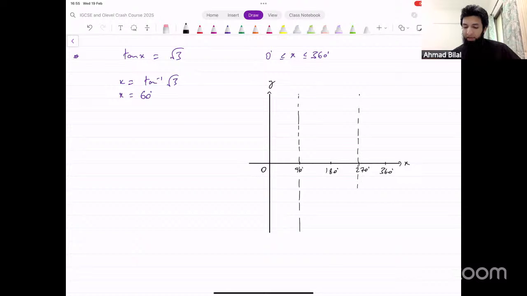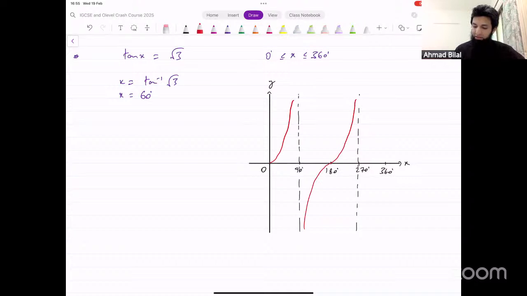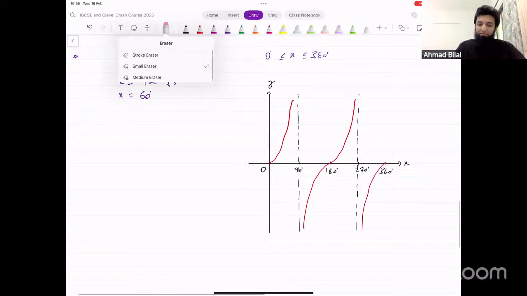So at 90 and 270, you have asymptotes like this. And the graph is going to look like this, and like this, and this. Okay. Again, you need to remember the asymptotes are at 90 and 270. And then the shape of the graph, it looks like this. Okay, that's your tan graph.